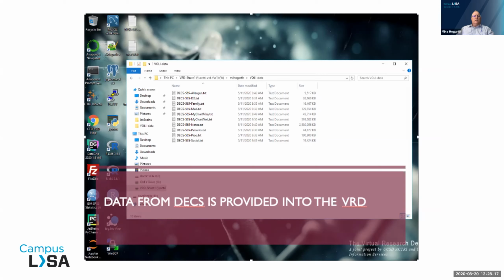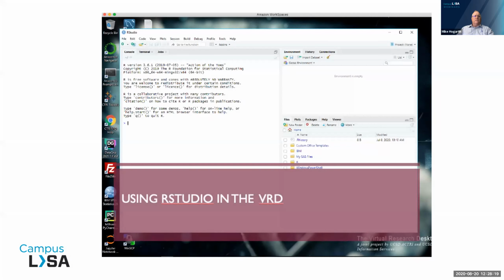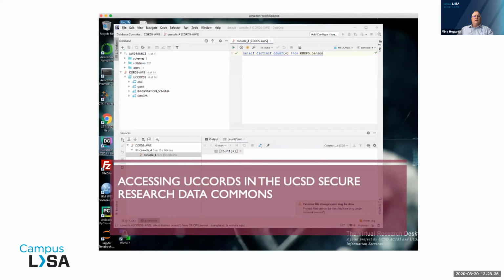The next one we'll show you is a screen capture of using RStudio. I haven't opened any data sets. It's just showing that RStudio is available in the VRD, and because of that, the R console is certainly available as well. I think the next one is another one of the tools we have there.